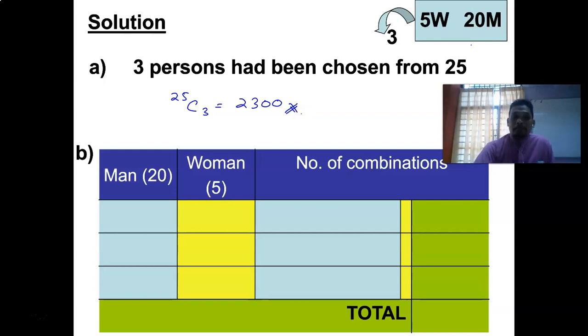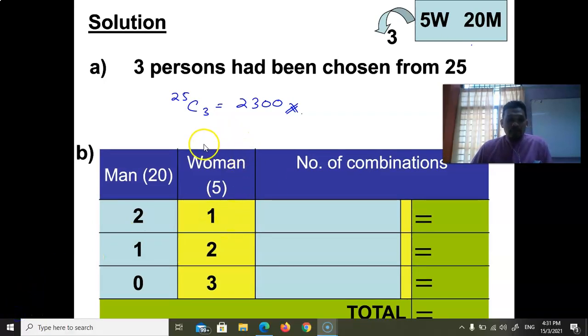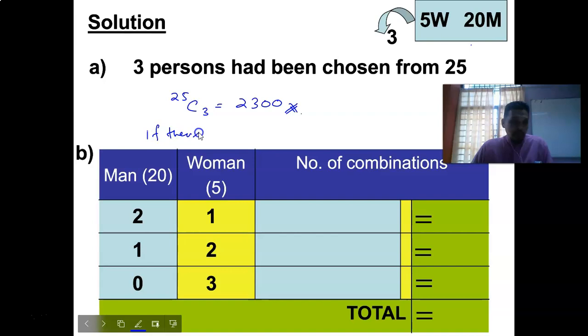Then next, from 20 men and 5 women, it can be 2 and 1, 1 and 2, and 0 with 3. For question B, I read the question again. There must be at least a woman.